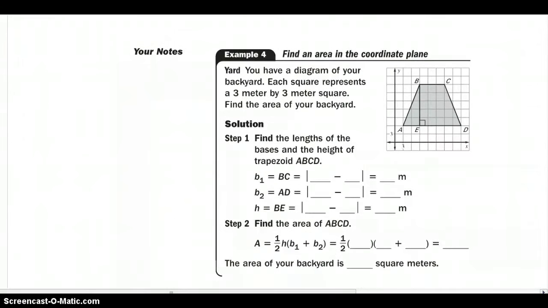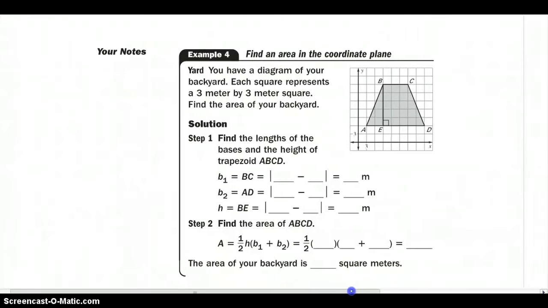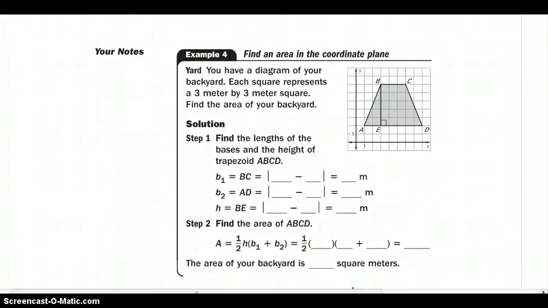And last one here, looking at our yard. Each square represents 3 by 3 meters. We want to find the area of our really awesomely shaped backyard. So looking at base 1, BC, I know that this is 18, and this is 9 because I'm moving horizontally.